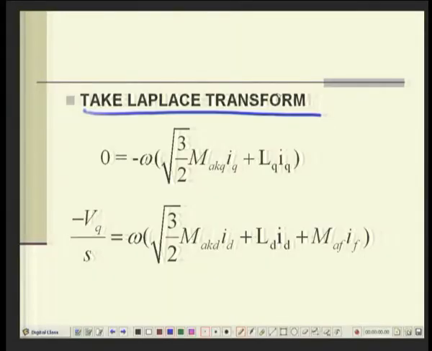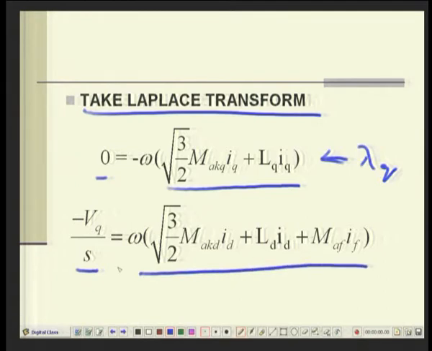Now again you take the Laplace transform, and then you have these terms. This will be lambda q, isn't it, which is 0 we said, and this will be minus Vq by S. Not this, this is omega lambda q.